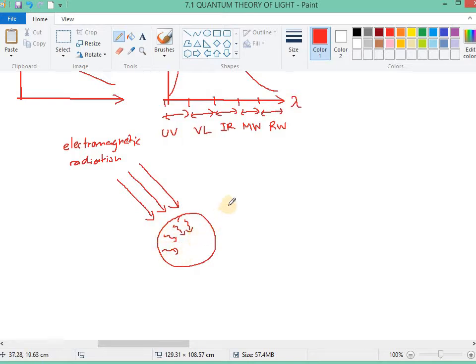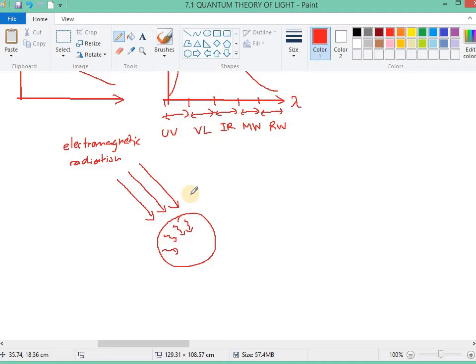That means all will be absorbed, and none of it will be reflected. No reflection.